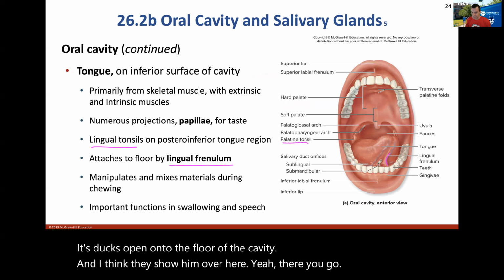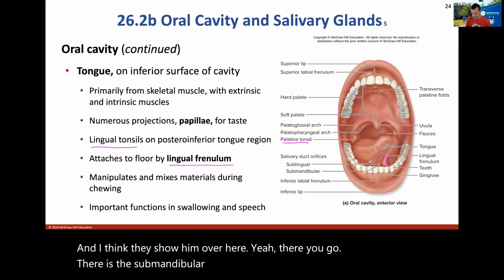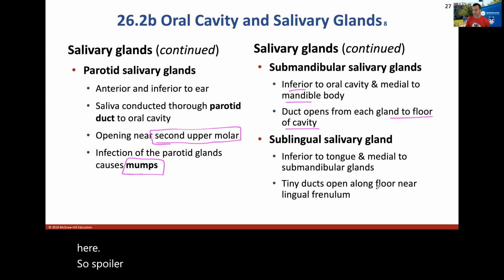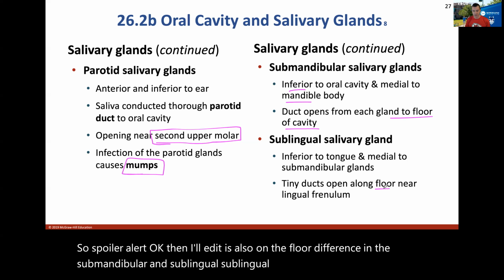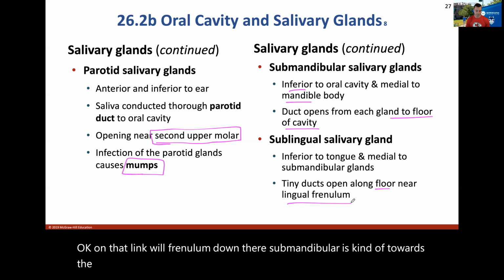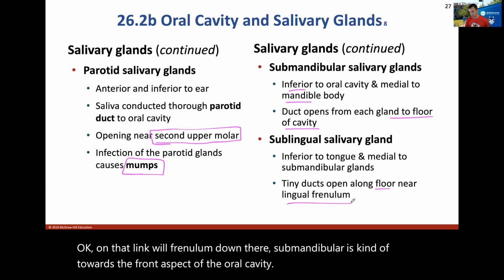There's the submandibular ducts, and then the sublingual ducts are right here. So spoiler alert. Okay, it is also on the floor. The difference between a submandibular and sublingual is along the lingual frenulum. Okay, along that lingual frenulum down there. Submandibular is kind of towards the front aspect of the oral cavity, and it's underneath the tongue.